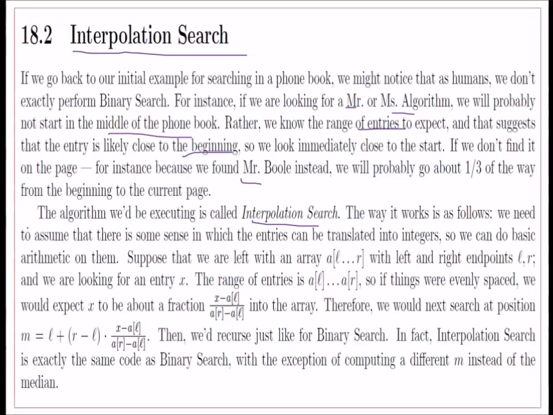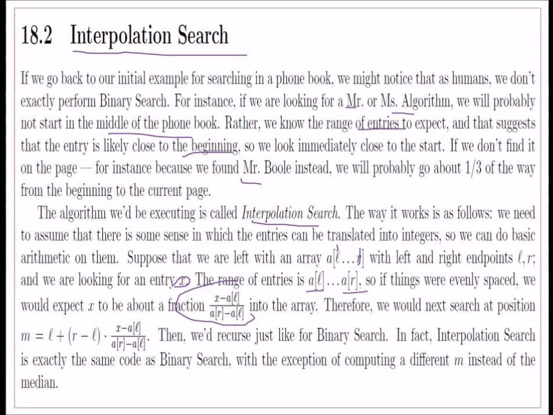How does it work? We need to assume that there is some sense in which the entries can be translated into integers, so we can do some basic arithmetic. Suppose we are left with only an array A[L..R]. L and R are the left and right endpoints, and we are looking for an entry X. Given the range of entries between A[L] and A[R], if things were evenly spaced, we would expect X to be about a fraction (X - A[L]) / (A[R] - A[L]) into the array.